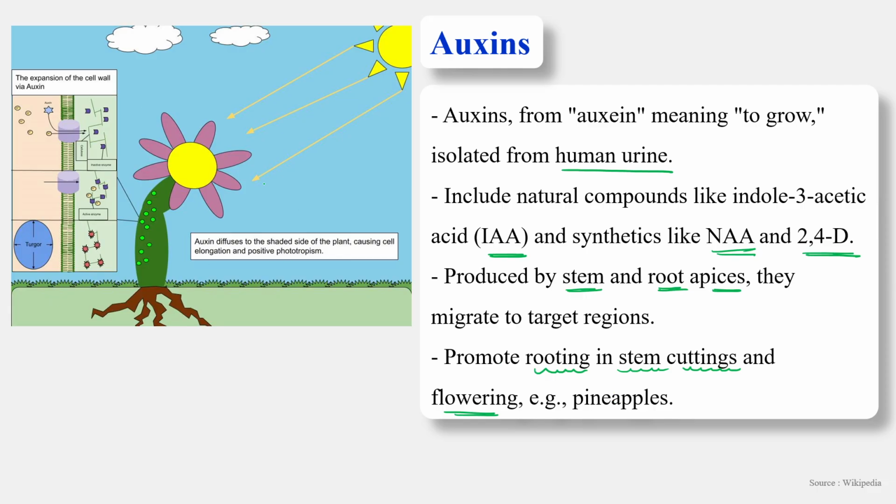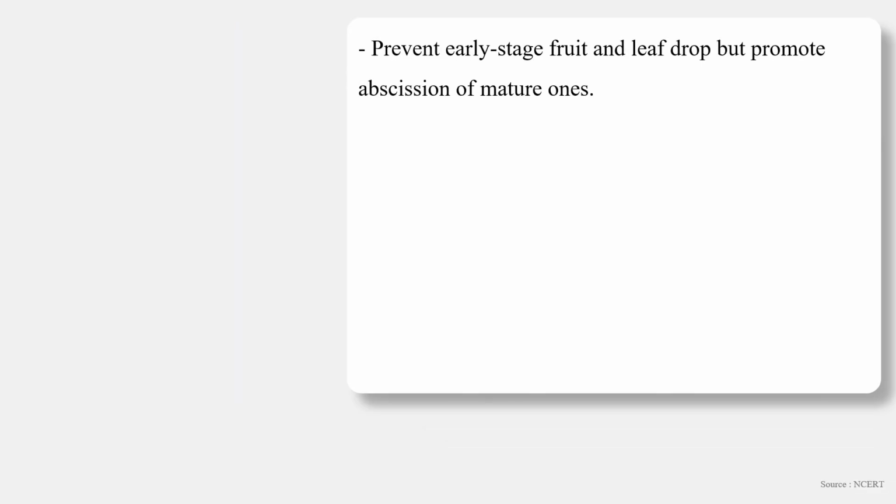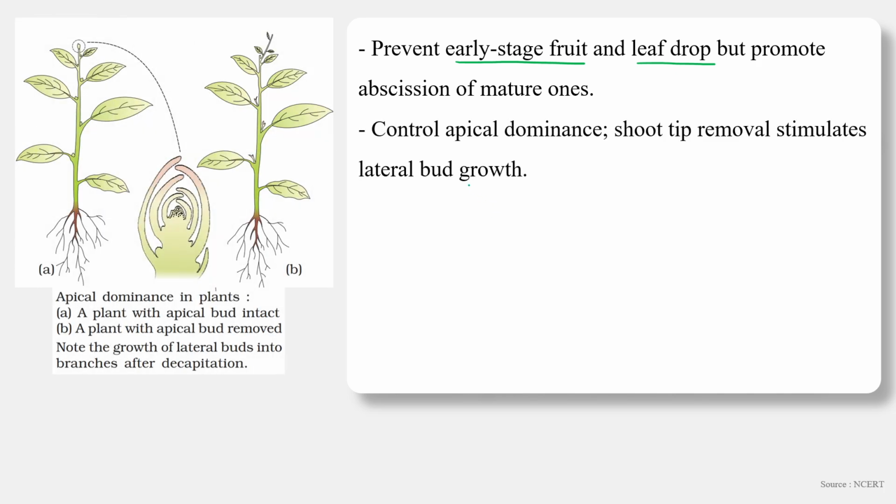With the help of this picture, you can easily see that auxin diffuses to the shaded side of the plant, causing cell elongation and showing positive phototropism. Auxin prevents early stage fruit and leaf drop, but it promotes abscission of mature ones.